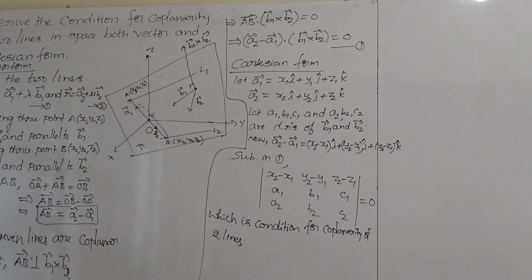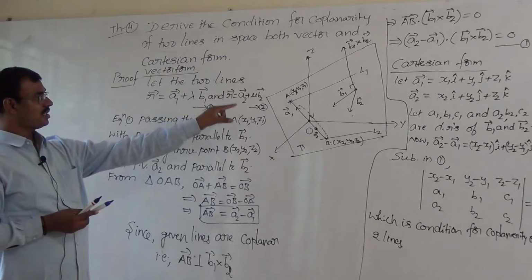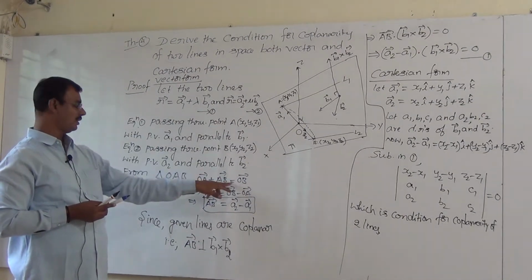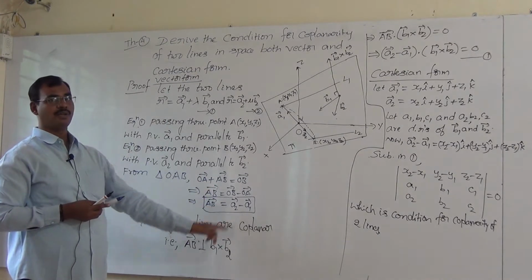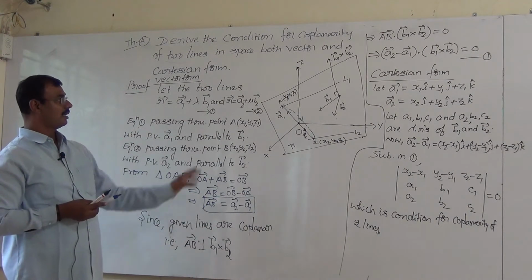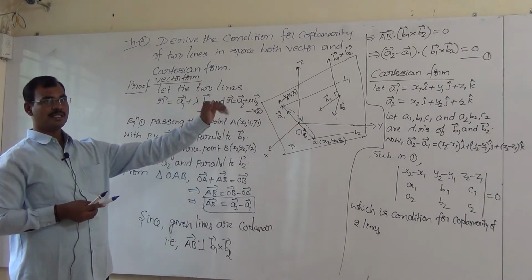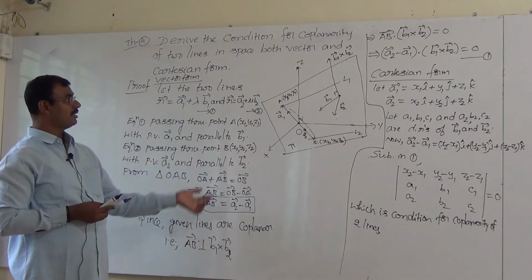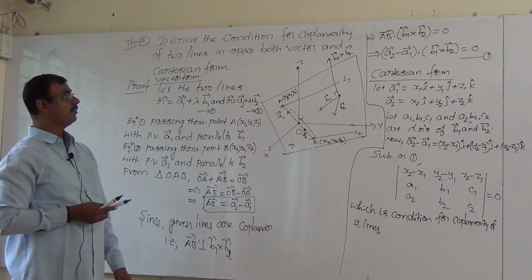Equation 2 passes through the point B and is parallel to B2 vector. By the triangle law of vector addition, AB vector is equal to A2 bar minus A1 bar. Since the lines are coplanar, meaning they lie on the same plane, AB vector is perpendicular to B1 cross B2.